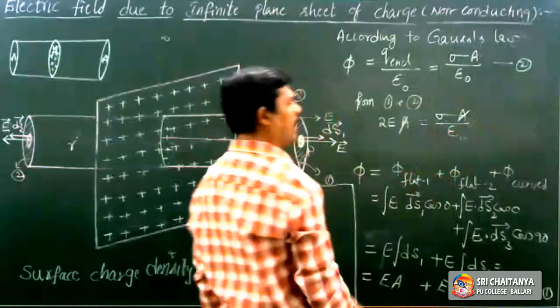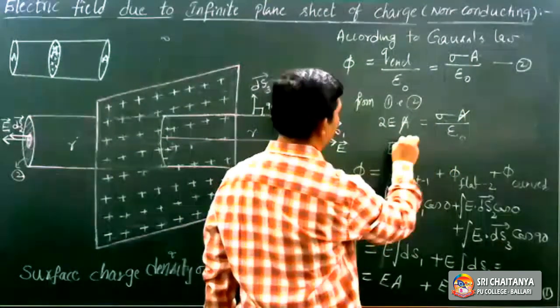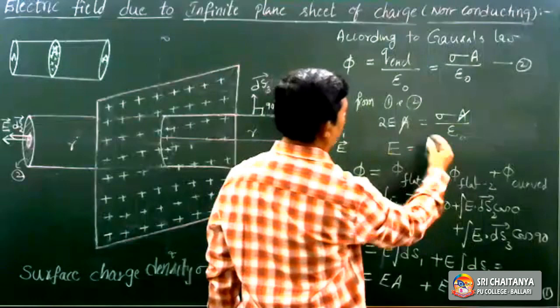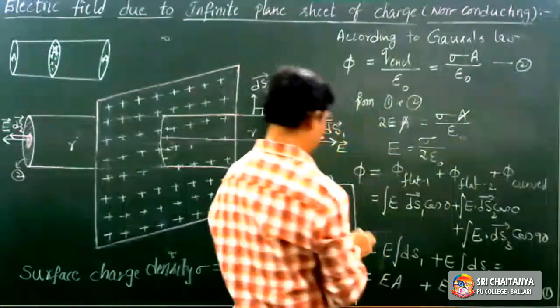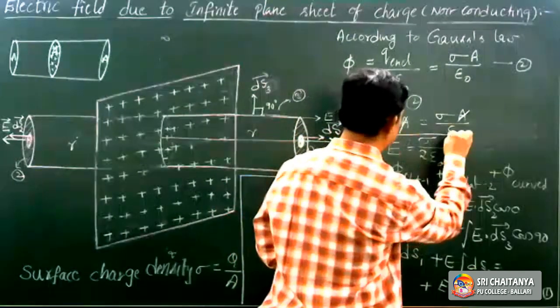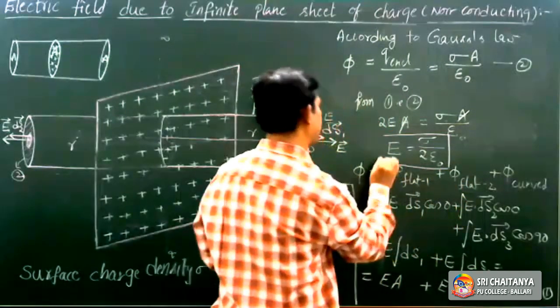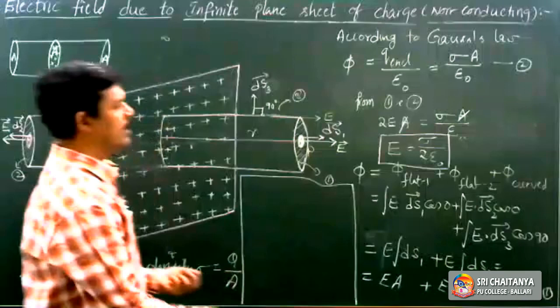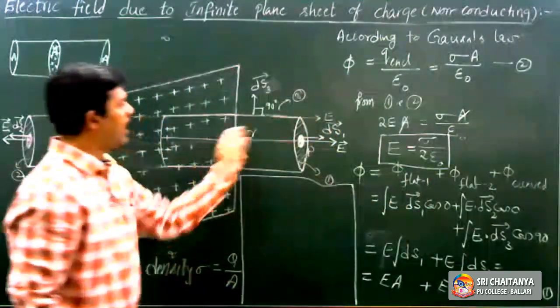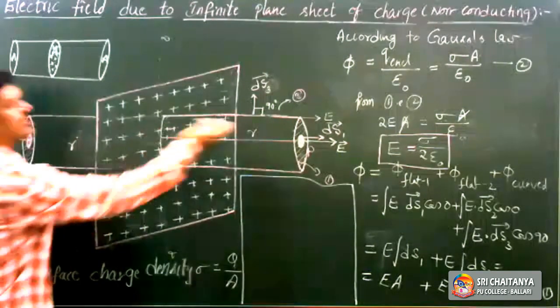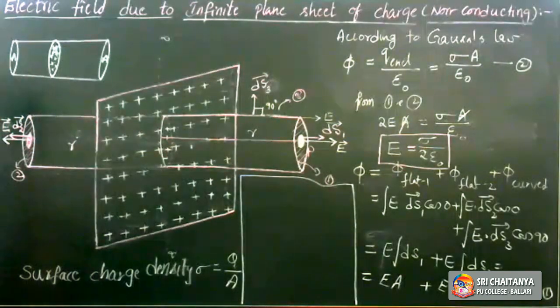A. Then what is E? Take this 2 to the other side: E equals sigma by 2 epsilon naught. This is the required expression for the field at a distance r, at some distance from the sheet, right?